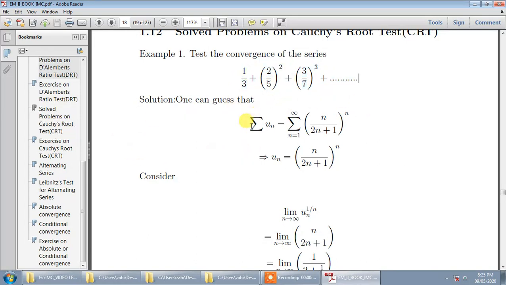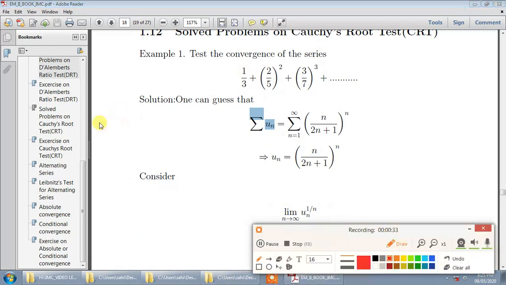Suppose that we have been given a series summation un. If it is a series of positive terms, then it will converge or diverge depending on one limit, and that limit is limit n tends to infinity of un raised to 1 by n.